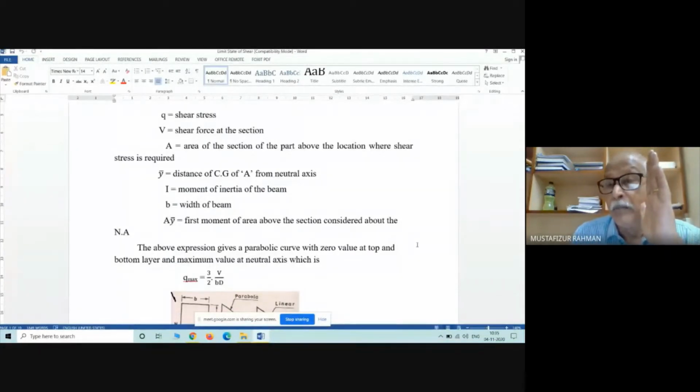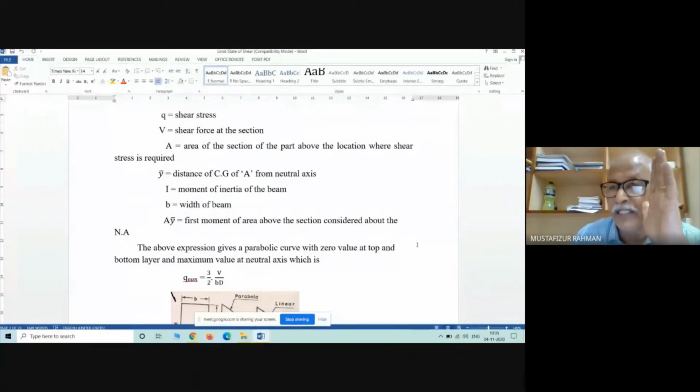But the concrete is not able to resist the tension. Because of this, there is a possibility of tension, so on this part concrete is not allowed. That is why we take the average stress.